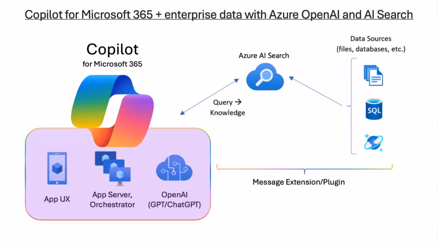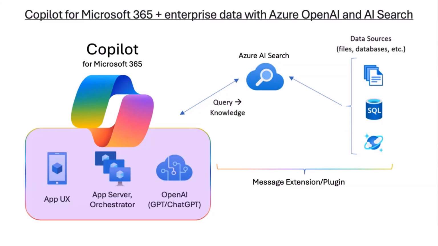So Copilot itself will be our UX when it comes to the LLM, and the orchestrator will again be Copilot. The only thing we will do is tap into and build our own data sources, bringing our data sources into our message extension plugin using Azure AI Search.